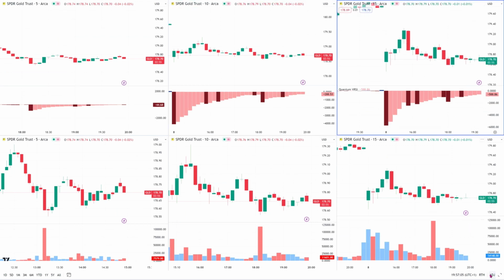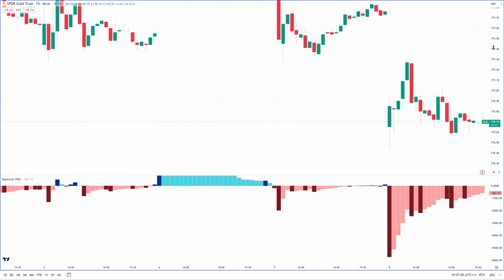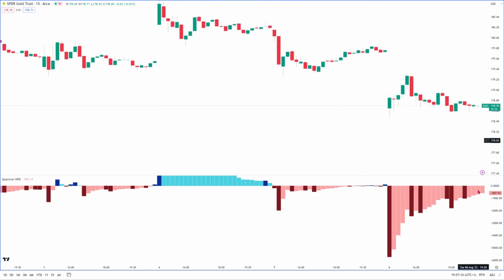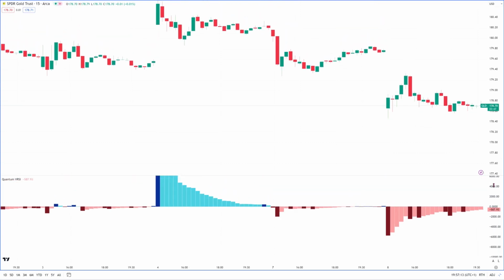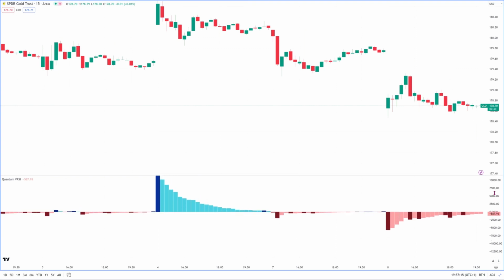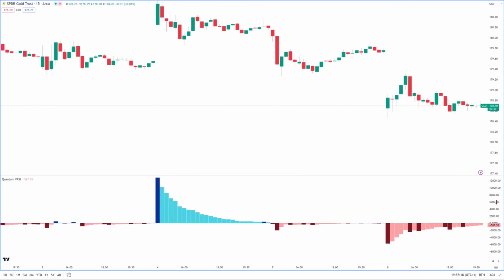Let's hop up onto 15, but you can see from the chart there that it's a very, very similar sentiment. If I just pull that down a little bit, there we go. And you can see over here on a previous day, this is what we're seeing today. So we've looked at that on the other time frames. And this is what we saw the other day, where we had the opposite, if you like. We had an injection with our first pressure bar of the session, a big injection there, dark blue, so all looks positive and rosy on the first 15 minutes.